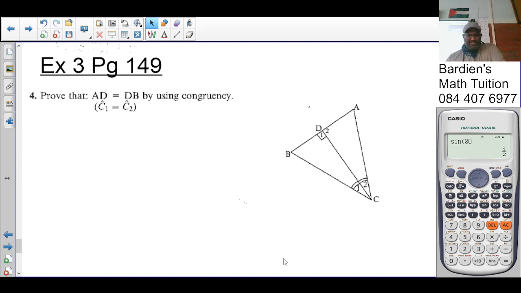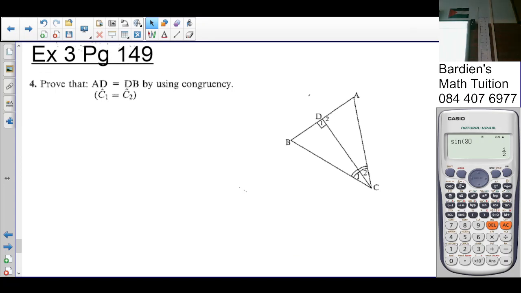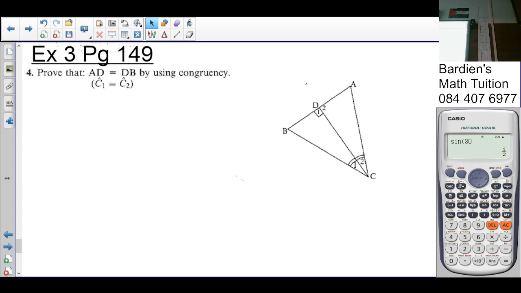Right, so let's do this. We are told that in exercise 3, page 149, we must prove that AD is equal to BD by using congruency. We are also told that C1 is equal to C2. As you can see on the diagram, both are marked with 2 arcs. So where do we start?